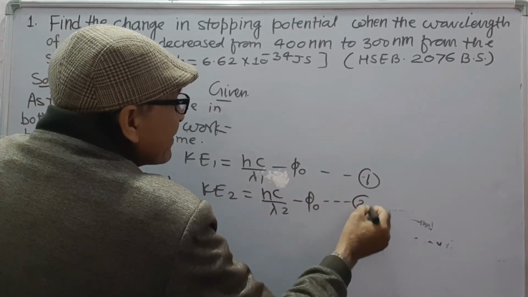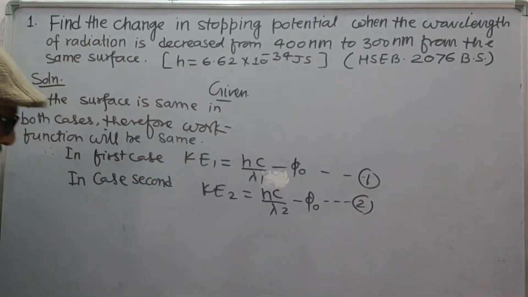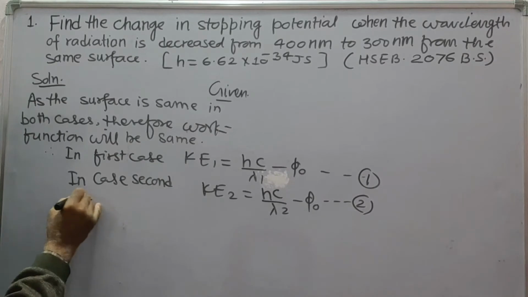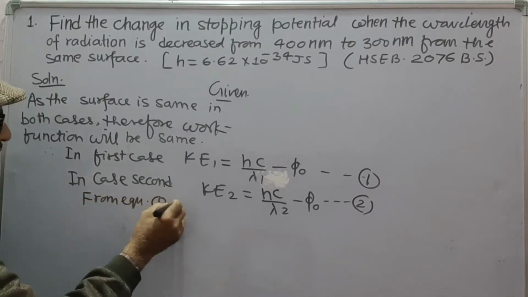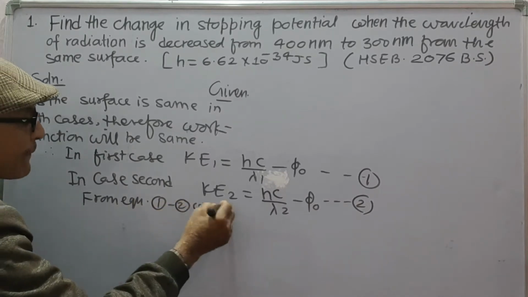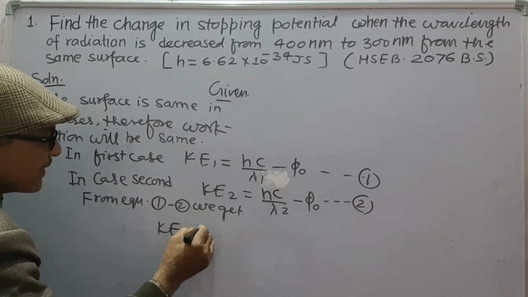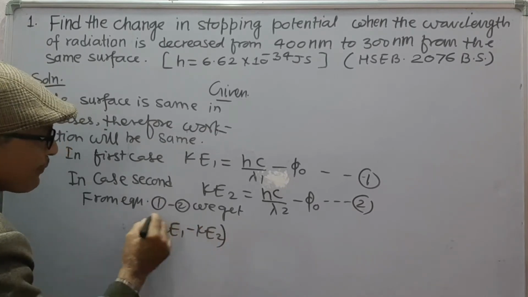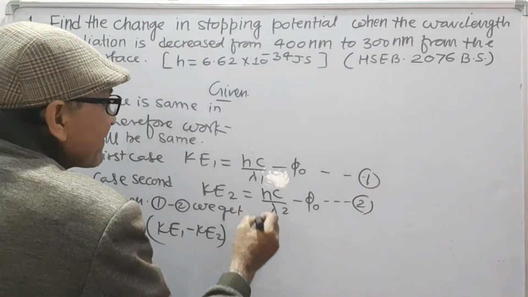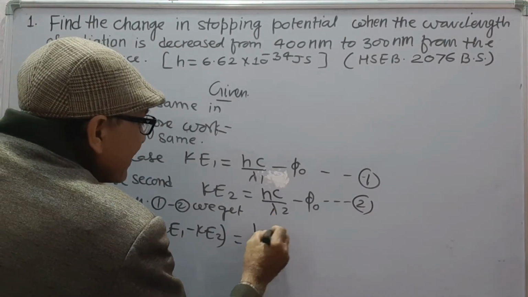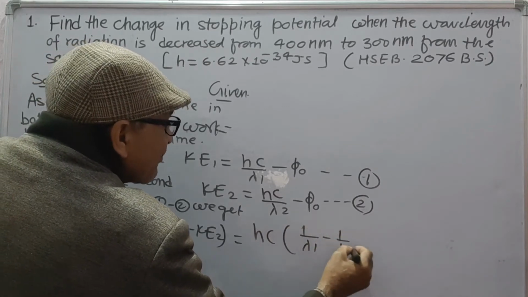Suppose this is equation second. Now from equation 1 minus 2 we get K1 minus K2 will be equal to, phi naught cancels out, h c is common, so we get h c into 1 upon lambda 1 minus 1 upon lambda 2.